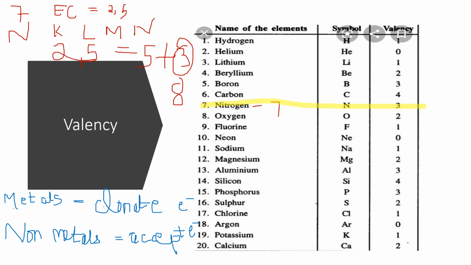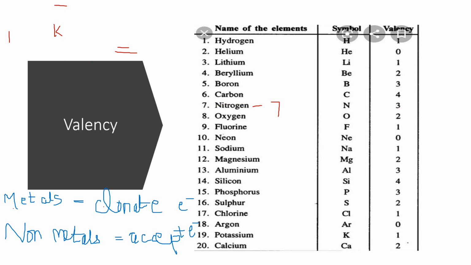Now I'll take an example. Let me erase this part. For better understanding, let us take the aluminium element. What is the atomic number of aluminium?